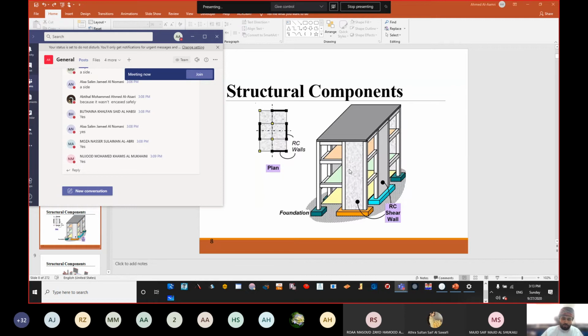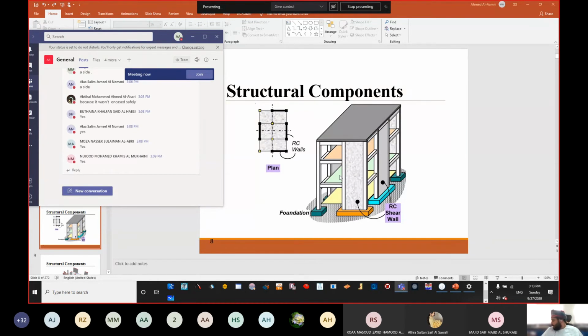When we talk about a shear wall, we refer to a structural wall that is made of concrete and steel, that is, reinforced concrete, which is going to help make my structure stable.